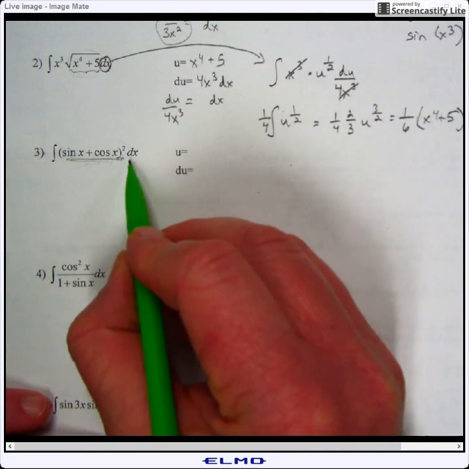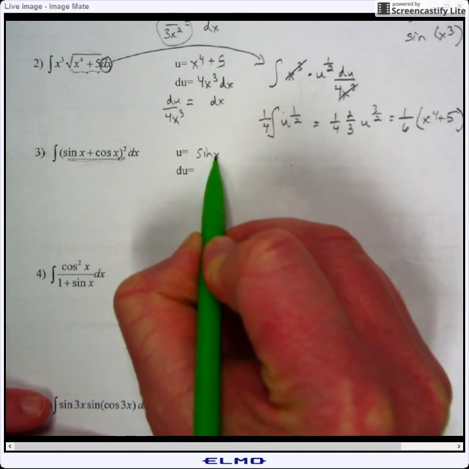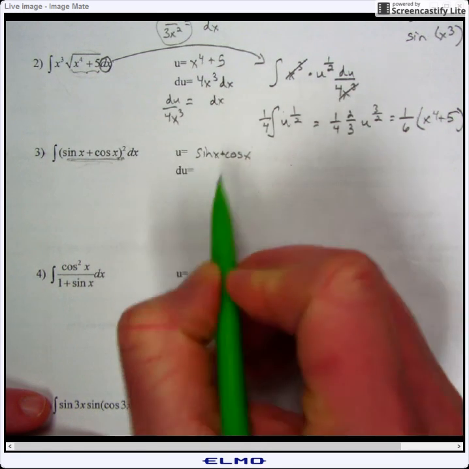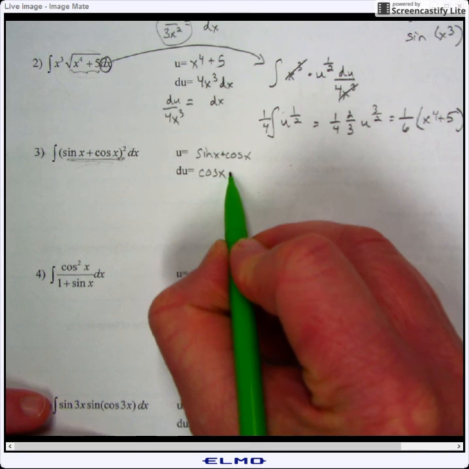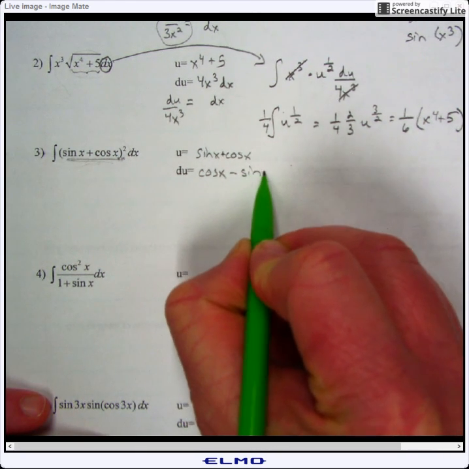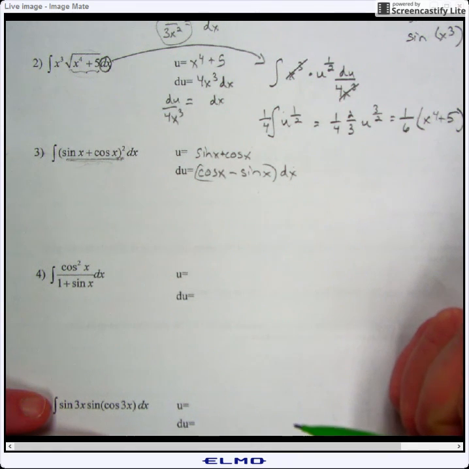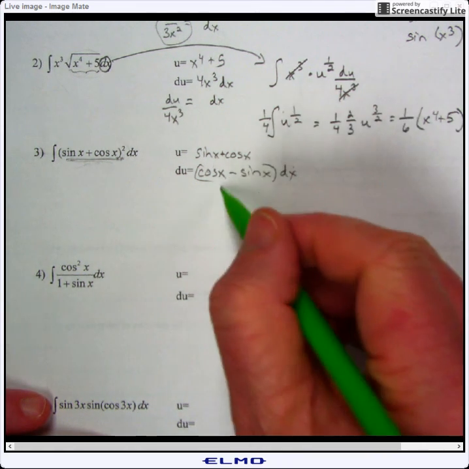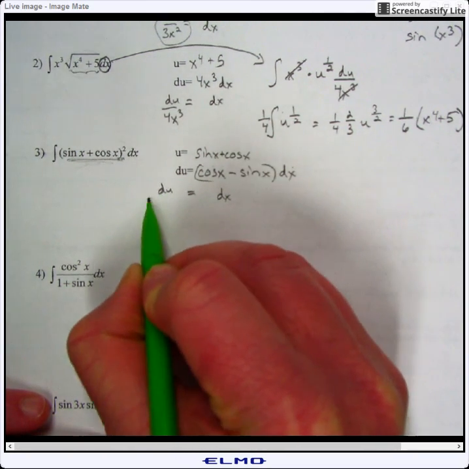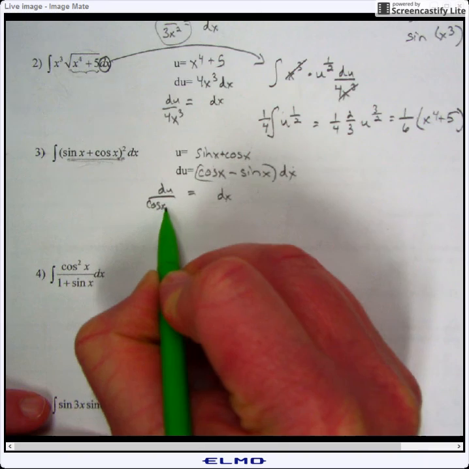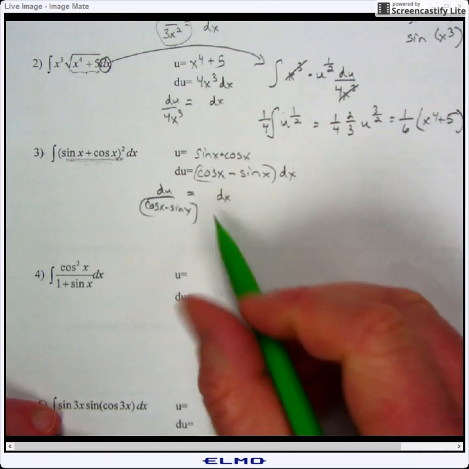So if I let u equal sine x plus cosine x, now du is cosine x minus sine x, all that times dx. Derivative, derivative. Solve for dx. Du over cosine x minus sine x.